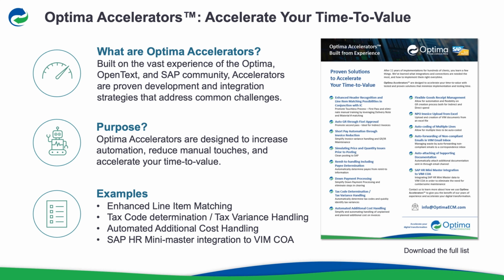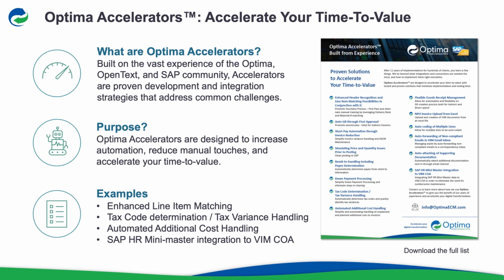So enhanced line item matching, one of the key concepts in order to get to a touchless state for your PO invoice processes. Taxation, especially in a global environment, where that can be a cumbersome process to automatically determine tax codes and manage tax variances.